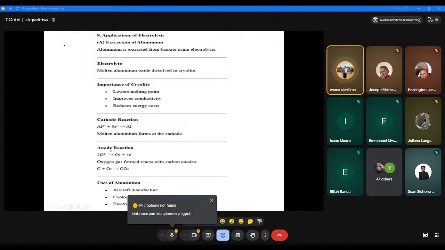Then at the anode, remember the ore is aluminium oxide, or bauxite. What is separating here is that aluminium gets a positive charge, oxygen gets a negative charge.